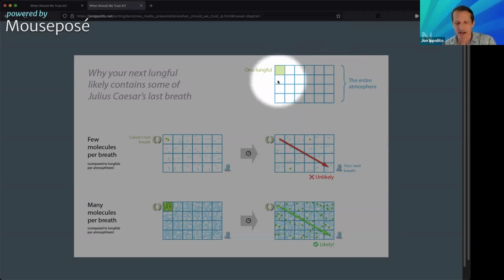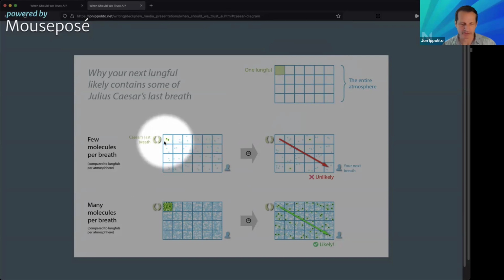But there's a definite amount, the atmosphere doesn't go on indefinitely. So one lungful takes up a certain amount of the atmosphere. Let's say this upper left corner was Julius Caesar's last breath, and those are the molecules that he had in his last breath. And this is you down in the lower right corner, and you're going to breathe your next breath.